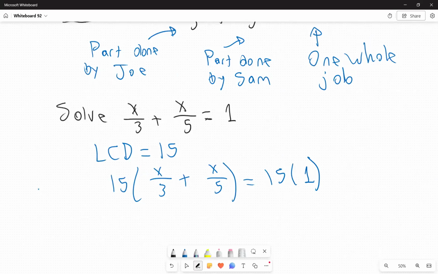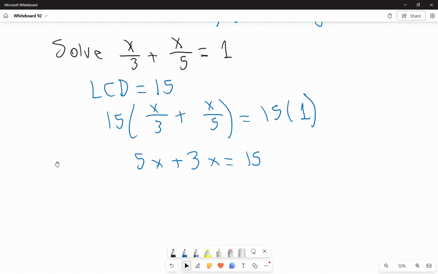So 15 times X/3: 15/3 is 5. And 15/5 is 3. 15 times 1 is 15. 5x plus 3x is going to be 8x. And x is going to be 15 over 8.